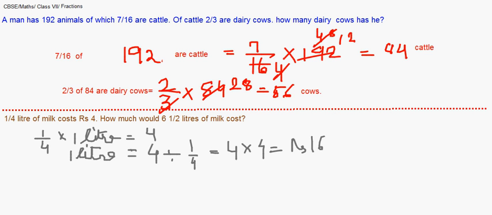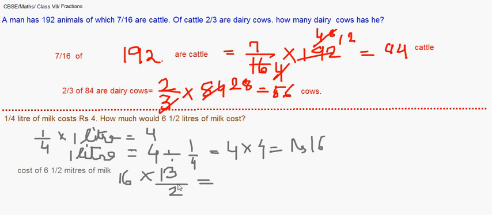So the cost of 1 liter of milk is ₹16. So what will be the cost of 6 whole 1 by 2 liters of milk? It will be 16 multiplied by 6 whole 1/2, so it is 13/2.